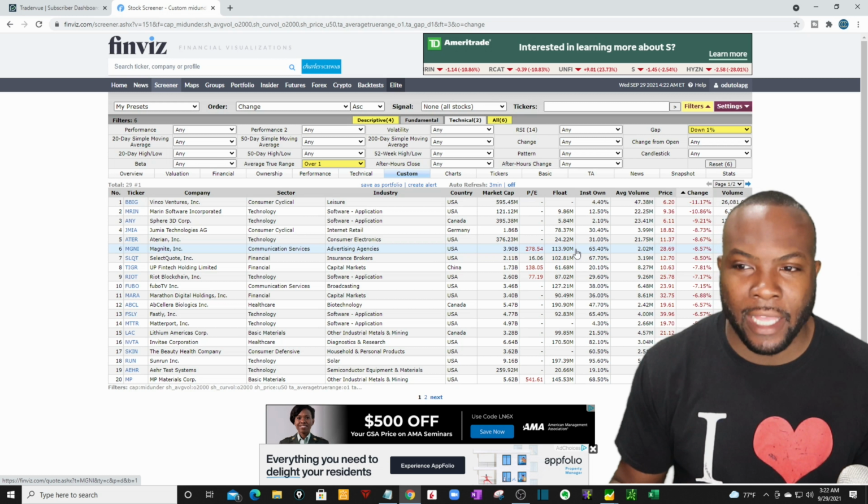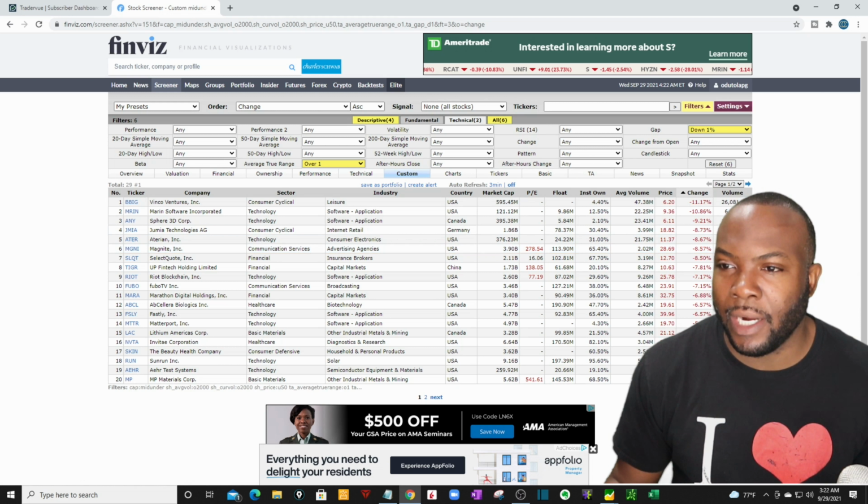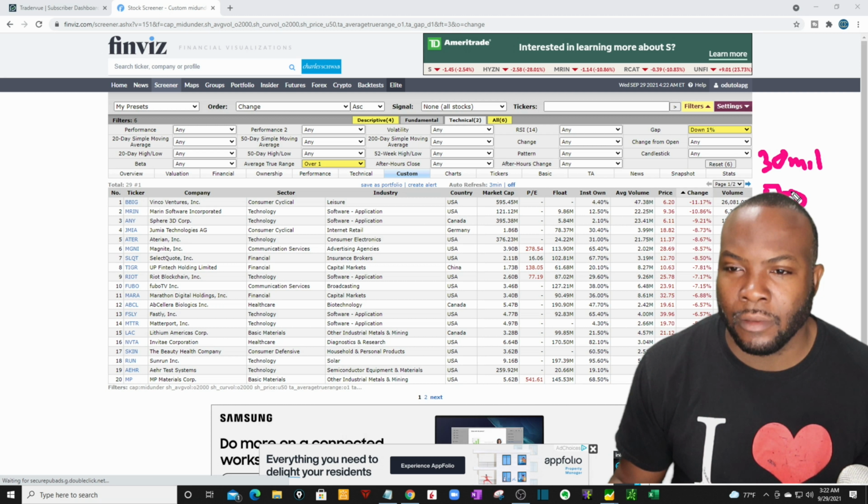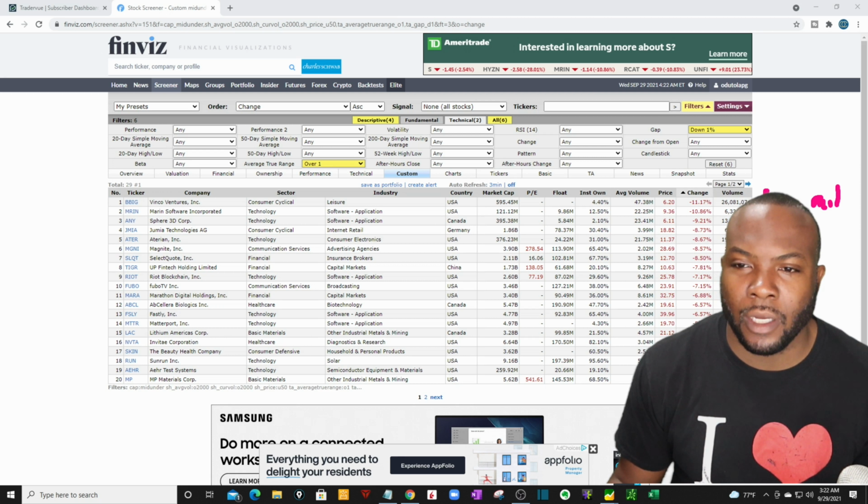The way I categorize my own mid float depends on you. I categorize my mid float from 30 million to 500 million. Some people use 30 to 200 million, but I like to use 500 million for my mid float stocks.